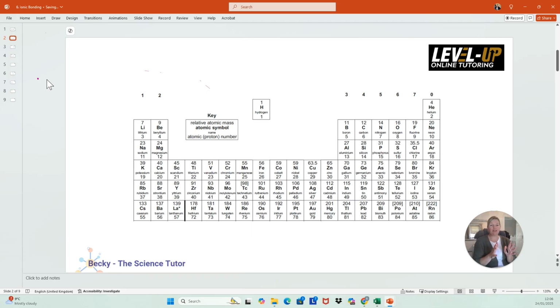Understanding what the periodic table can tell us straight away, so that when we come across something such as bonding, if it is a question in an unfamiliar context, you haven't heard of that substance before, we can have a look on our periodic table and decide what type of elements they're made up of. Is it metals and non-metals? Is it two non-metals? And already by knowing what it's made up of and knowing the type of bonding that occurs, we can start to understand the properties, what's going to happen in terms of electrons, etc.